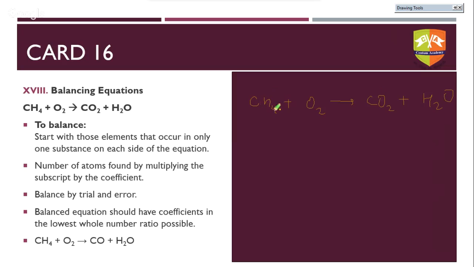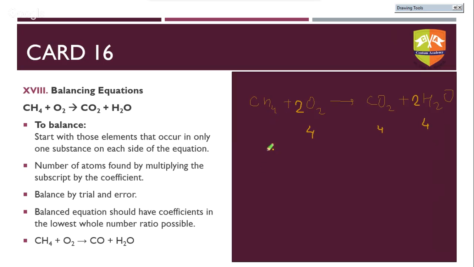Here there are four hydrogens, so I will put in two more hydrogens here, so two into two hydrogens become four. Let's look at the oxygens. There are two oxygens here and two more here, so there are a total of four oxygens. If I simply multiply this by two, I end up getting four oxygens here as well as four here. So all of these make sense, and we now have everything balanced: carbon, hydrogen and oxygen.